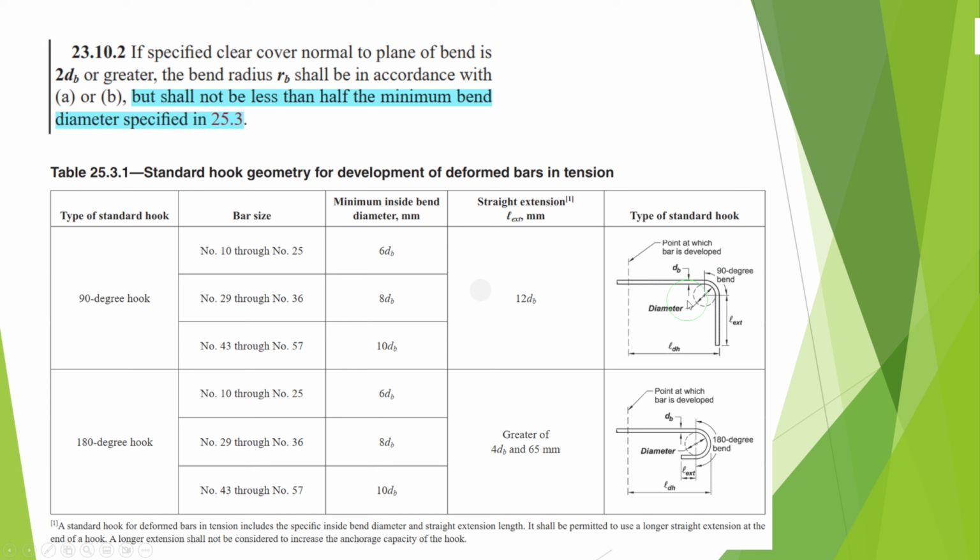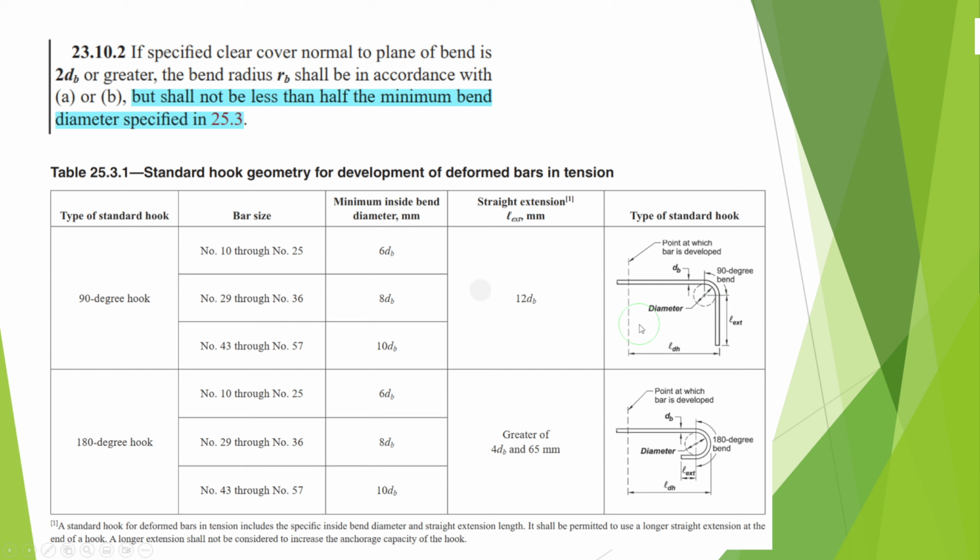If you need to satisfy this standard hook, you have to satisfy the horizontal length LDH. You can find the equation in the ACI code to find this LDH, and the minimum inside bend diameter, and here L extension.